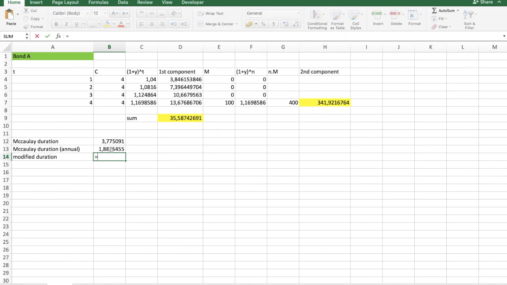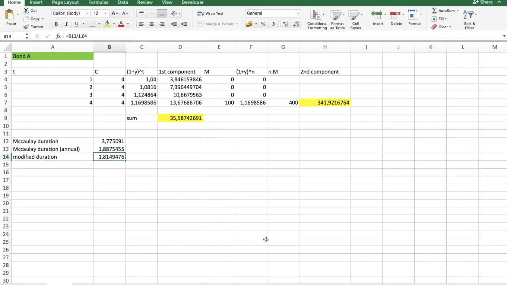So equal this one, the Macaulay, divided by 1 plus y, where the yield to maturity is 4% that you have used here, which is 104. And this is the modified duration, 1.8149.